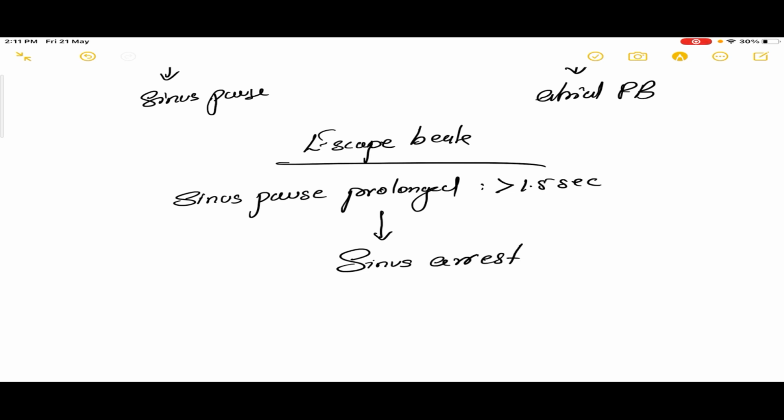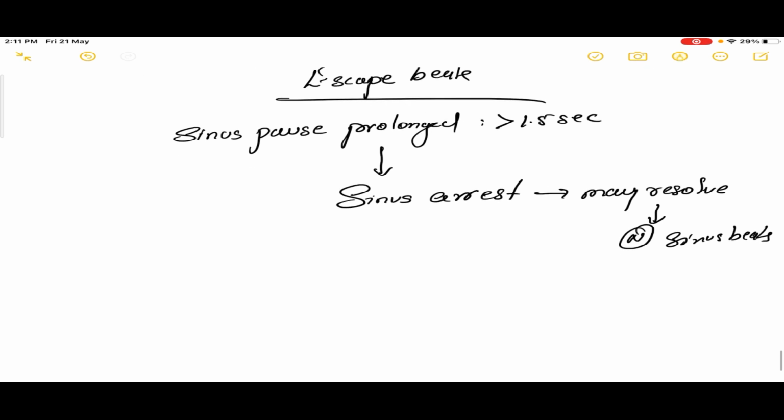This sinus arrest may resolve after some time, giving a normal sinus beat, and then normal sinus beats are established again.